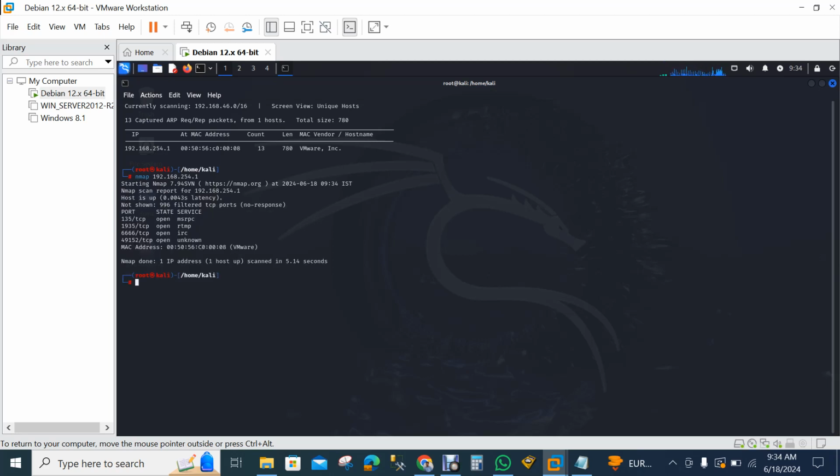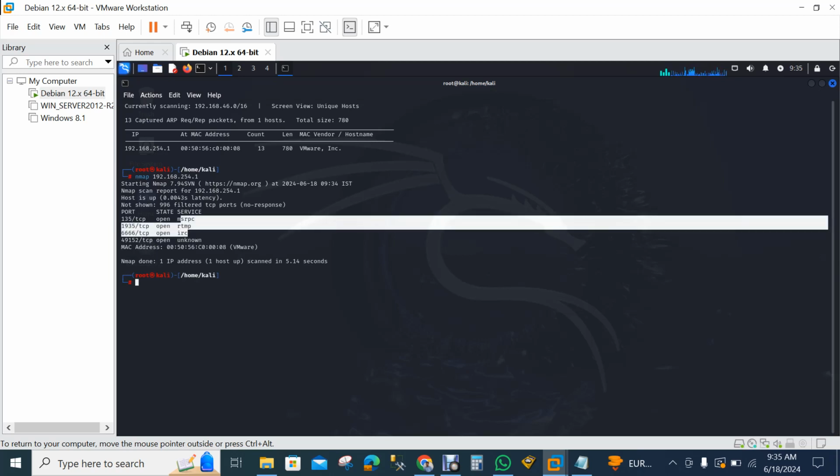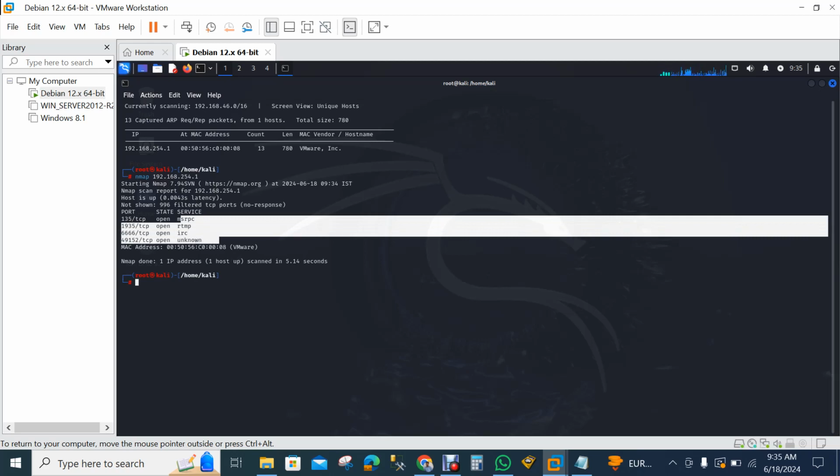After running nmap 192.168.254.1, we get some information about this IP address, and here is some vulnerability.